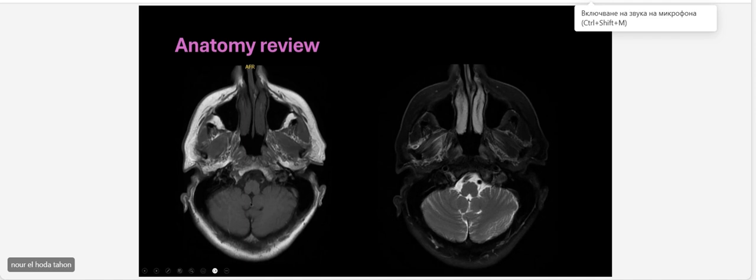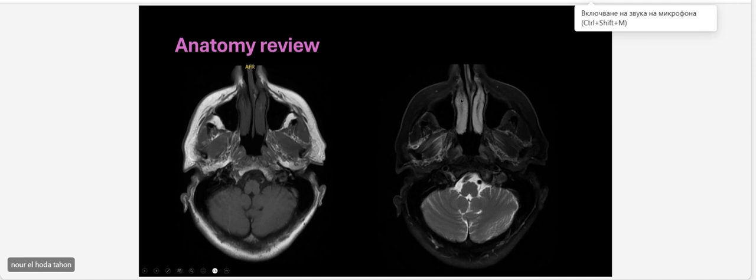Okay, so let's talk about this. This is the cerebellum, the right lobe, the left lobe, and this is the vermis here, and this is the medulla. You can see this is the lower part of the brainstem. And here is this air because it's the sinus, and you can see the soft tissue, like the turbinate. This is a mucosa.